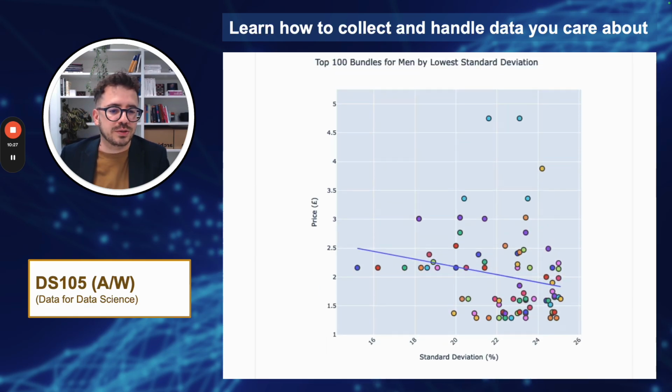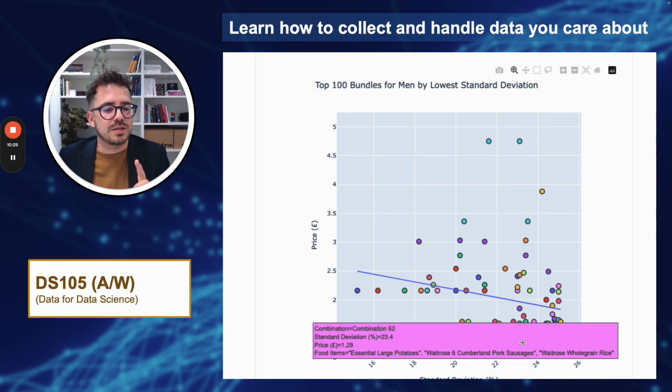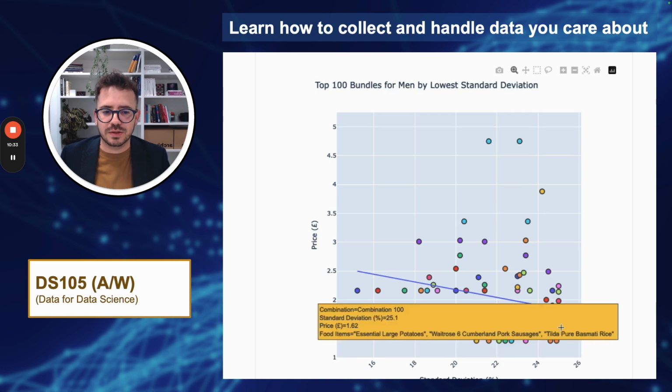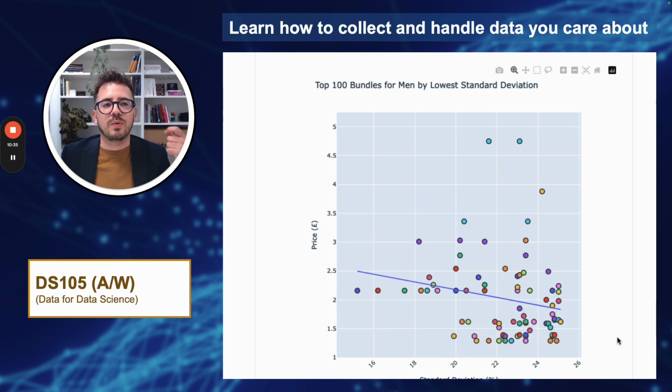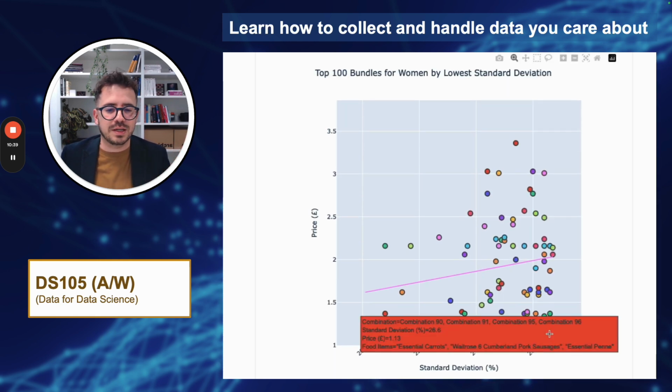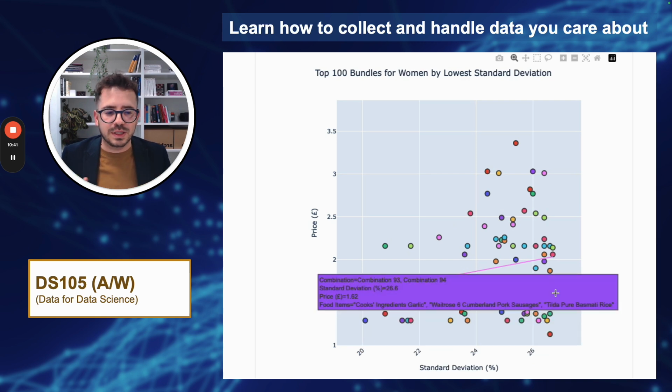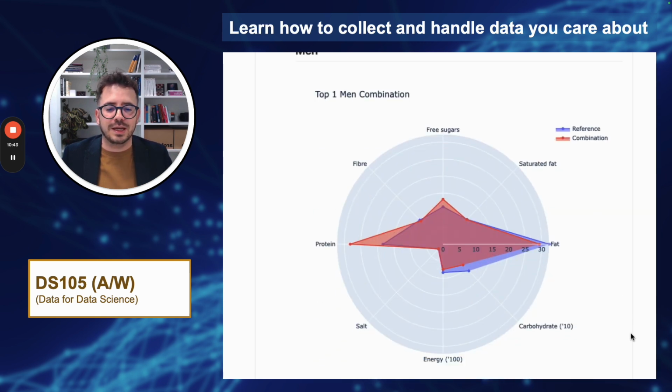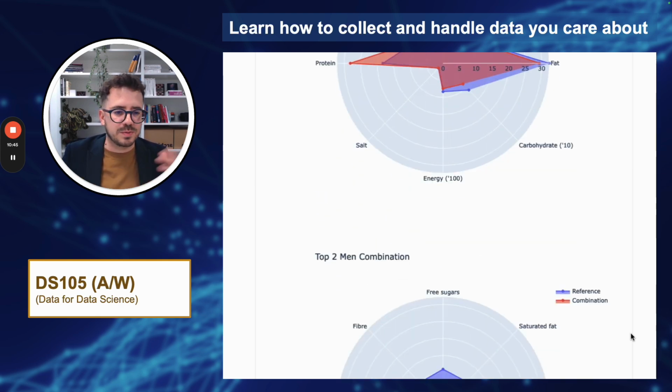Another group of students did something with supermarket data. So they looked at Waitrose and they cross-referenced that with the nutritional reference points. So what are the nutrients or the kind of things we men and women need to consume during the day to be healthy, and all that, fibers, proteins, and all of that.